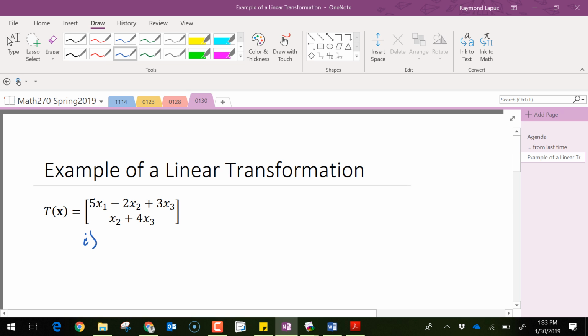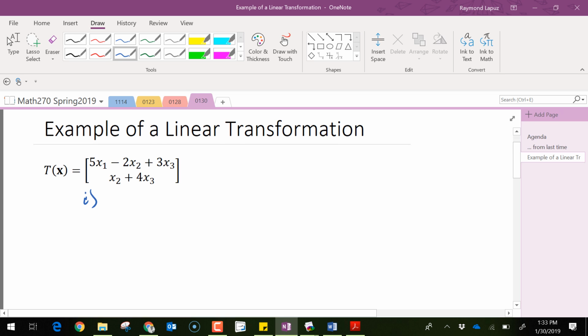So the first part says that let's first determine our u's and v's. Let u equal x1, y1, and let v equal x2, y2. Wait, we need 3.